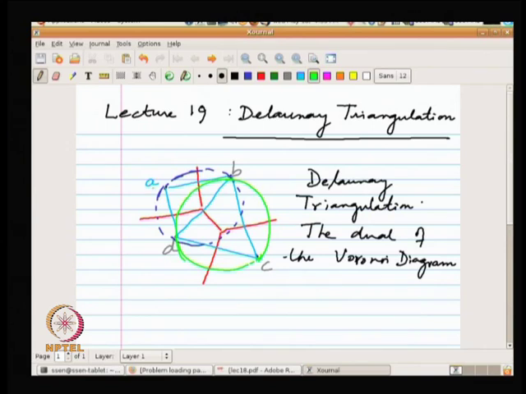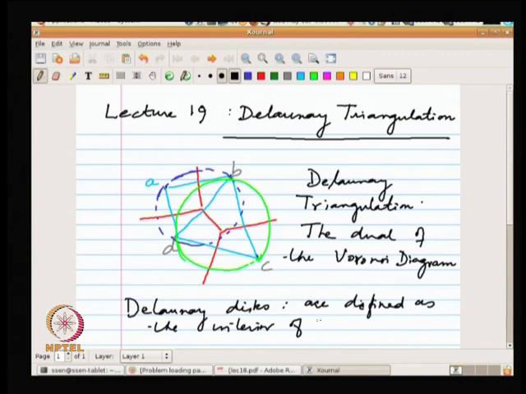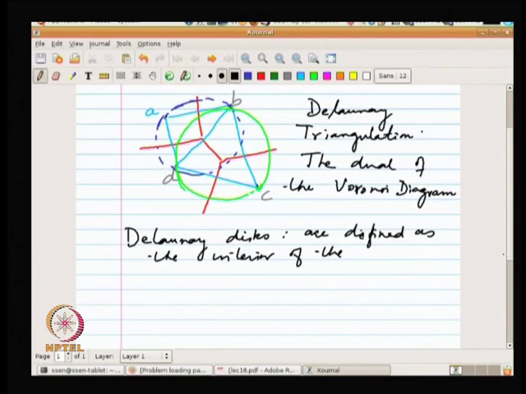In other words, these two circles define discs which are called Delaunay discs. Okay. So, Delaunay discs basically are defined as the interior of the circle of a Delaunay triangle. Okay.